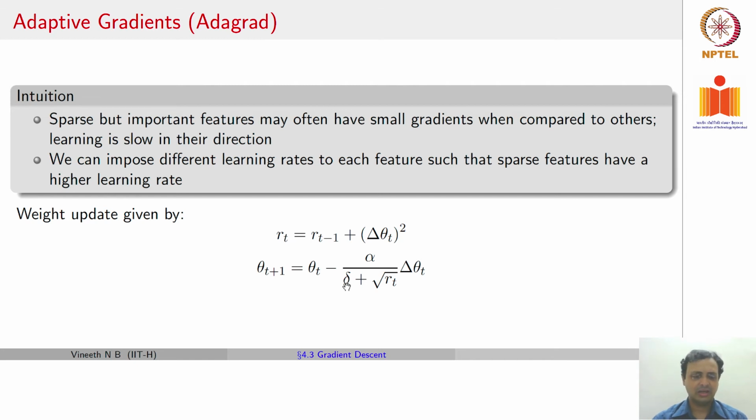We are saying that for one of your weights, if your gradient was large, give it a small learning rate, and for one of your weights, if your gradient is small, then give it a larger learning rate. This seems to fit with the intuition that we had so far, and the nice part now is this kind of an approach, because RT is maintained for each gradient or each weight individually, this automatically takes care of changing the learning rate for each weight differently.